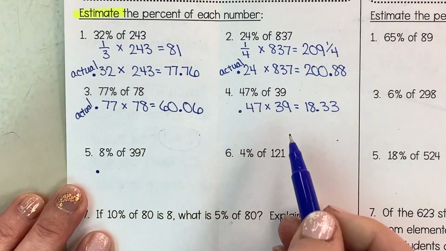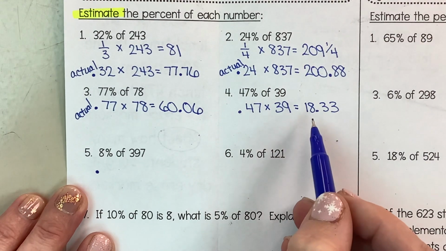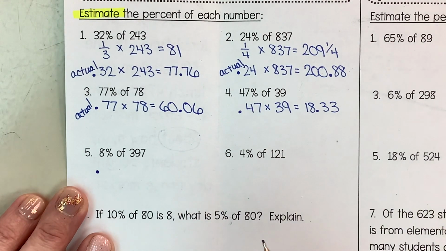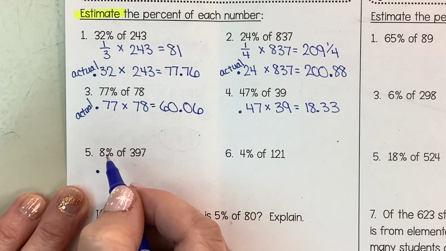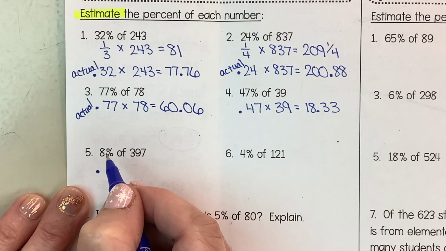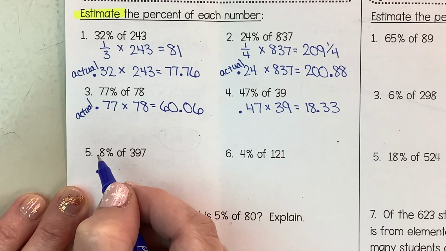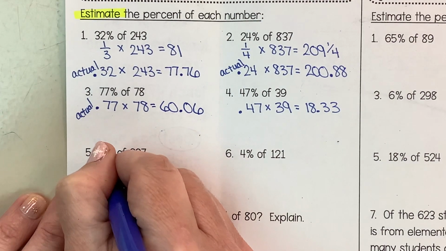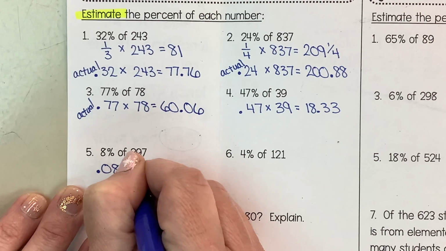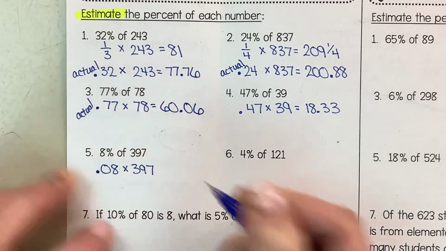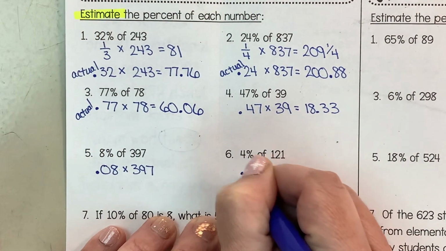All right, so on number 4, you should have 18 and 33 hundredths. Please be careful on 5 and 6. Percent is per 100, so we're going to be going from percent to decimal. So we are dividing by 100 or moving the decimal 2 times, which gives us 0.08 of 397. So just be careful of that on both of these.